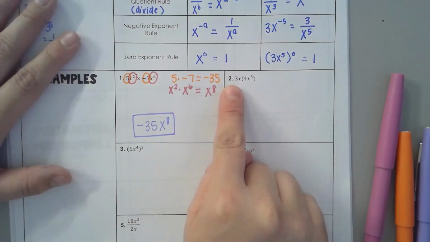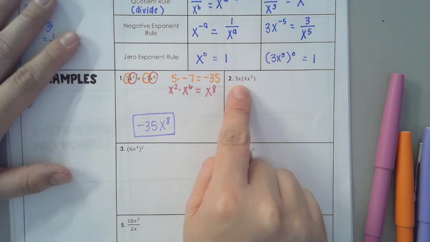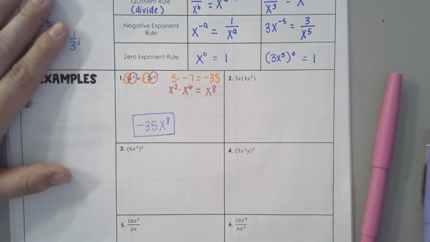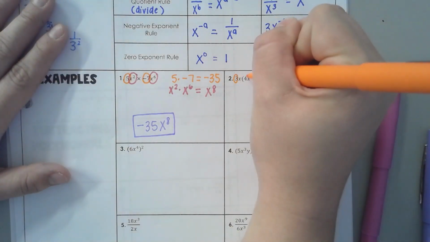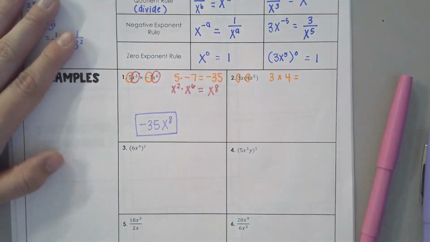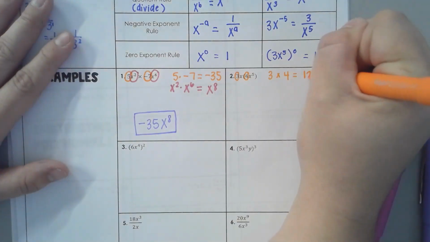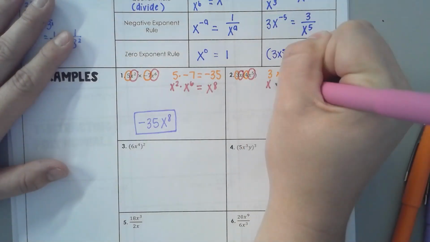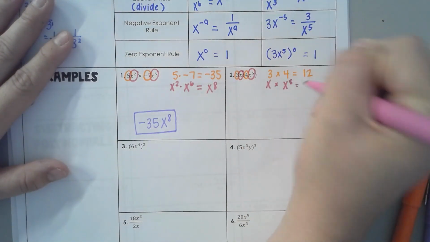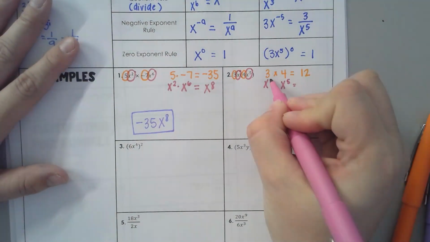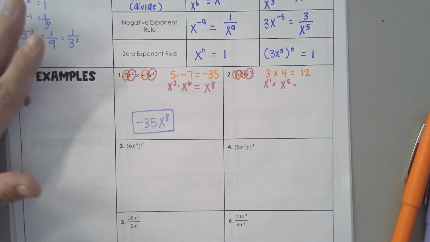Number 2, this is still multiplying. When you have a number in front of the parentheses, that means to multiply. So we have the 3 and the 4. What's 3 times 4? 12. And we have x times x to the 5th, which is x to the, this has a 1, x to the 6th.